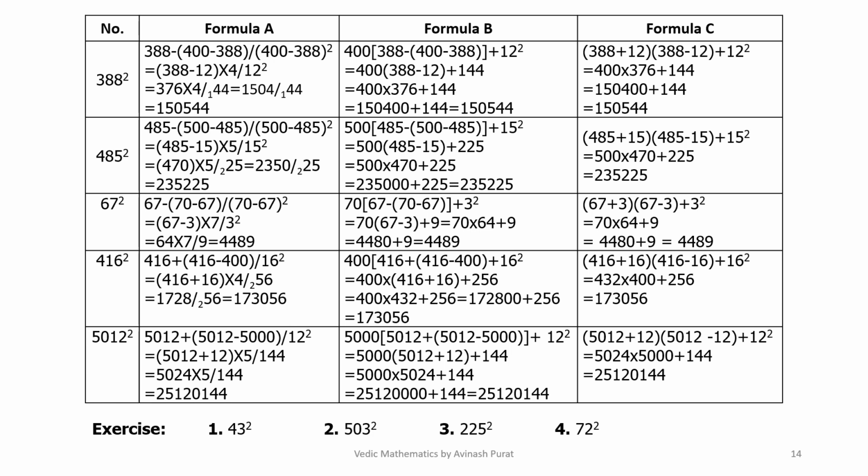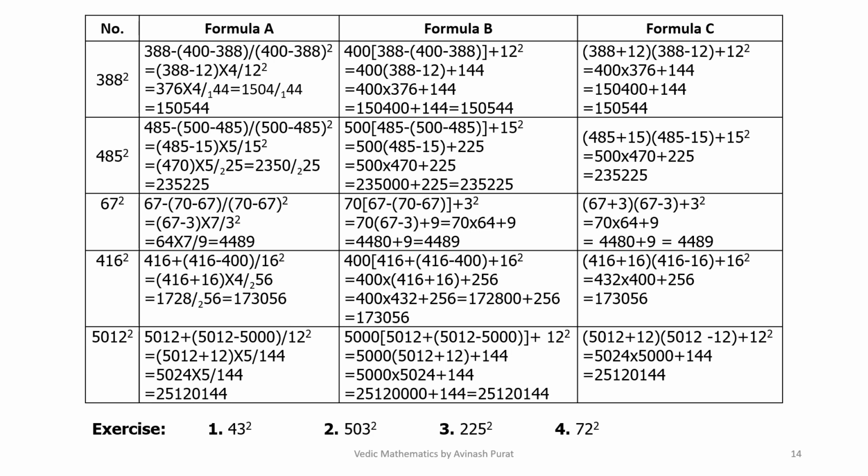Second formula: 400 multiplied by (416 plus (416 minus 400)) plus 16 square, equal to 400 into (416 plus 16) plus 256. So 400 into 432 plus 256, that gives 172800 plus 256.